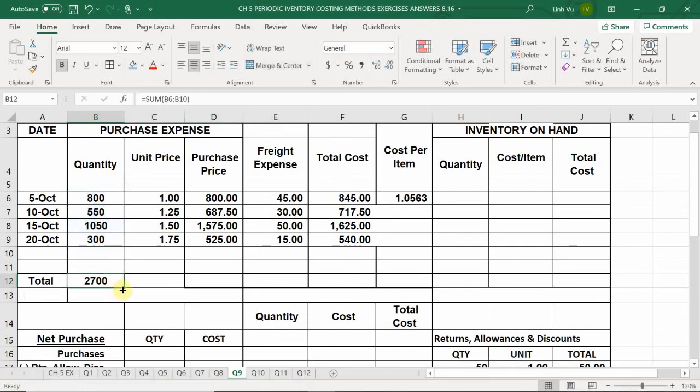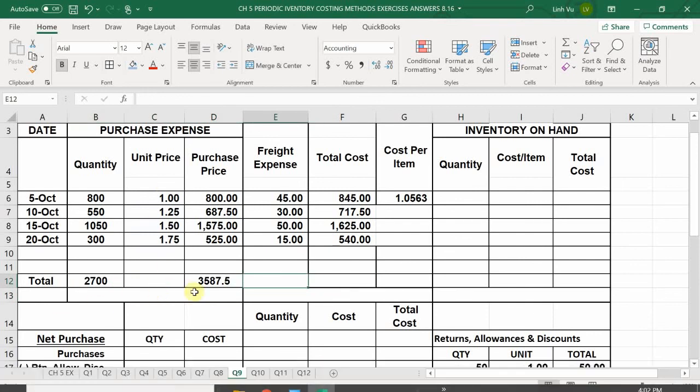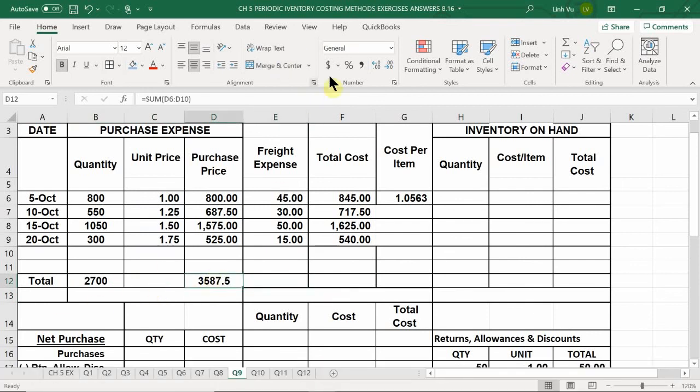What was my total purchase price? $3,587.50.